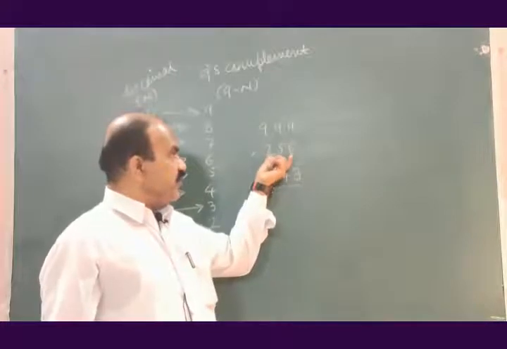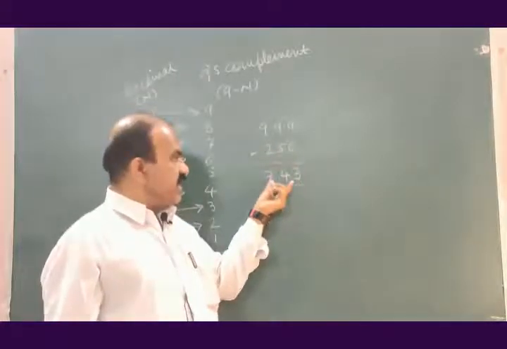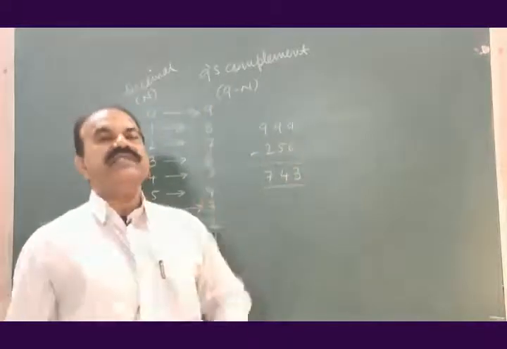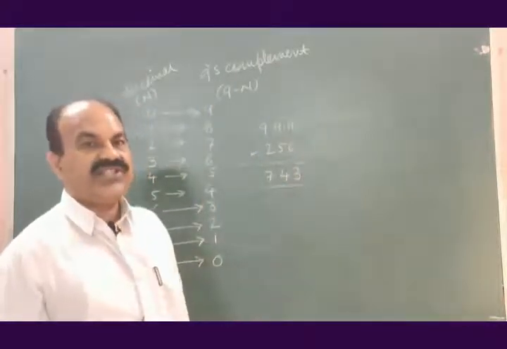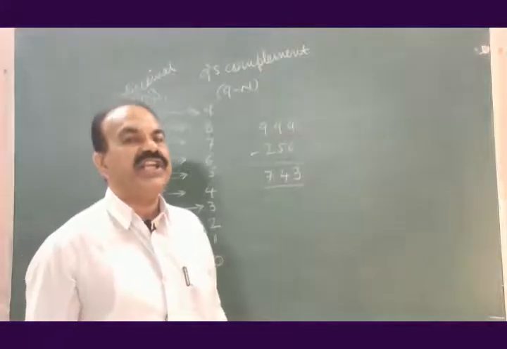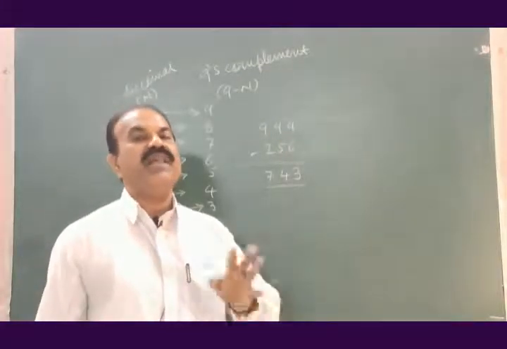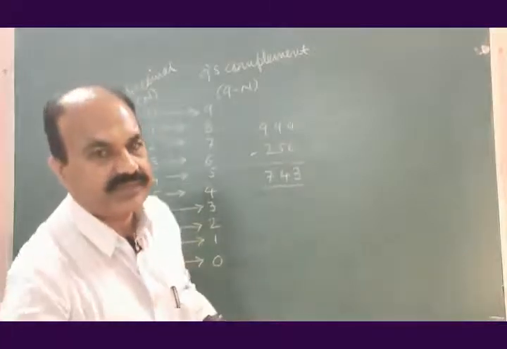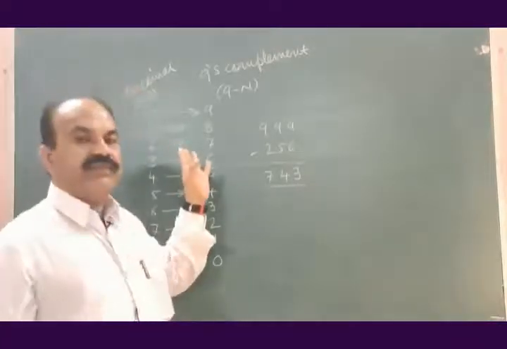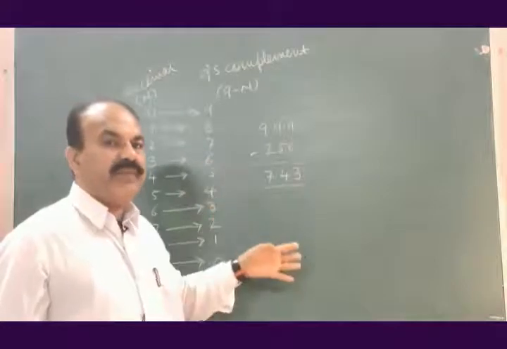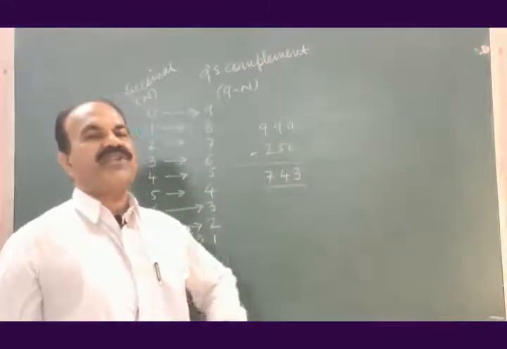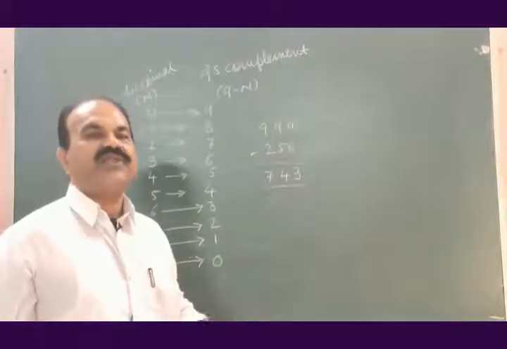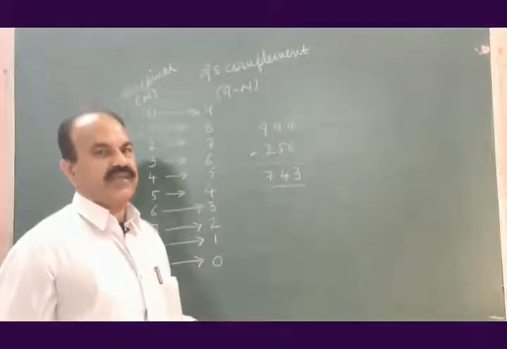This is positive, and this is the negative equivalent of this positive in the form of nines complement. This is the representation of negative decimal numbers in the form of nines complement. This nines complement of any number can be used to perform the subtraction of decimal numbers.